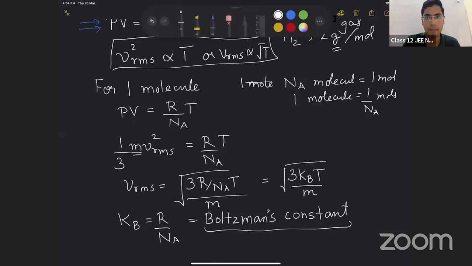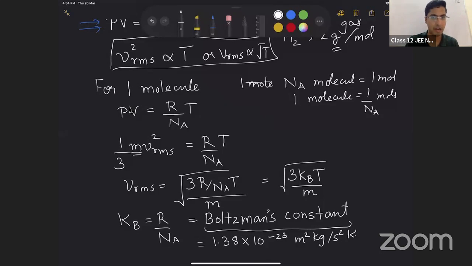So the value of Kb is 1.38 into 10 to the power minus 23 SI units, which is meter square kilogram per second square Kelvin. That's the value of Kb. I hope you have written down all of this.